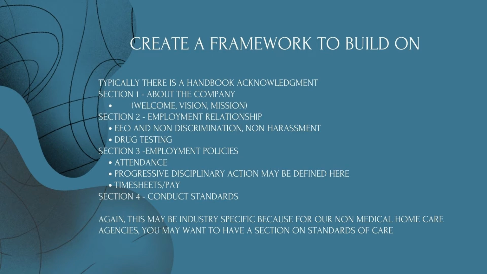And then section two is typically your employment relationship, your relationship with this employee. Now I don't have everything here, but these are some suggestions, right? EEO, non-discrimination policies, non-harassment policies, drug testing, things of that nature.